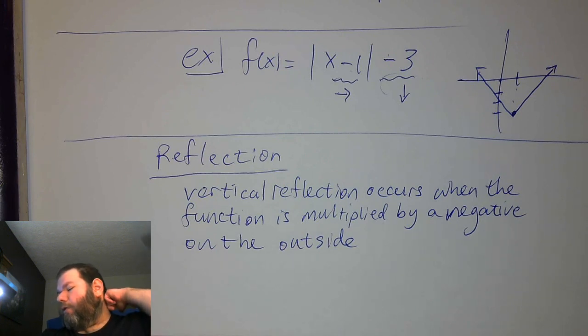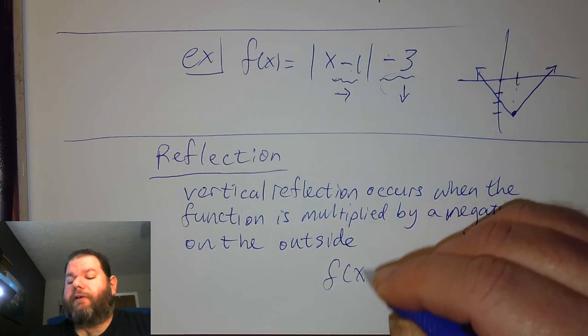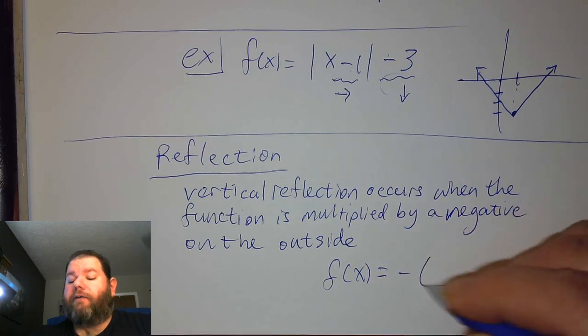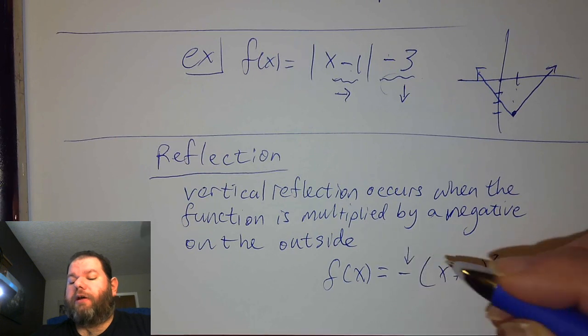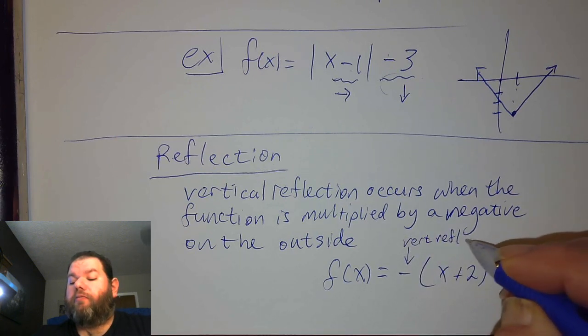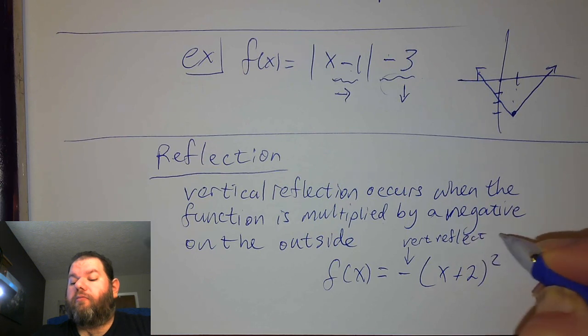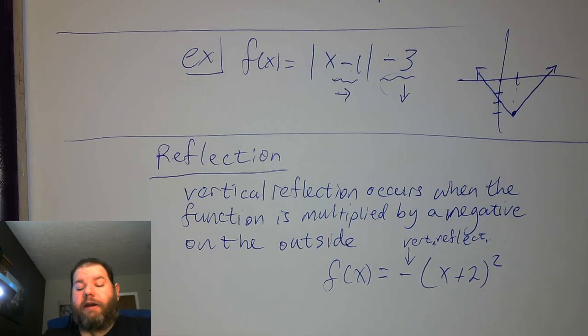When we put a negative on the outside, we would say, for instance, f of x equals negative (x plus 2) squared. This would be a vertical reflection. So the fact that we multiply by a negative on the outside reflects it vertically.